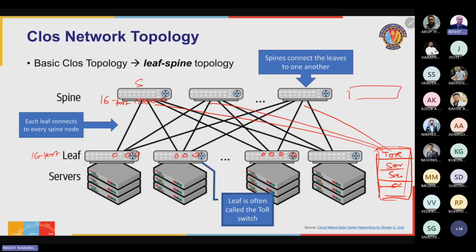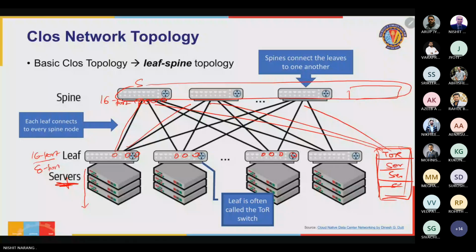Let's say there are 8 servers in a rack. So 8 of those ports have already been used to connect these servers. The remaining 8 ports I've used to connect to, let's say, 8 spines. I already have 8 spines. Right? So that's how the leaf switches have been used. Let's say there are also 16 racks already. So all the 16 ports of the spines are also used.